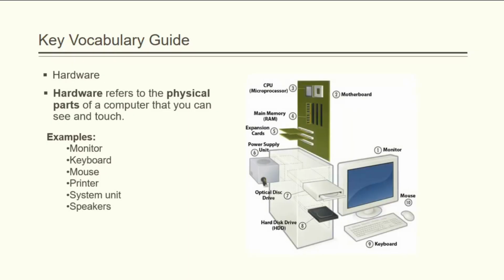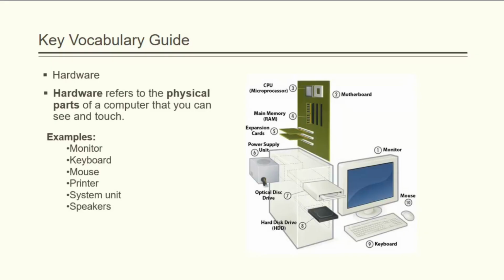This is a picture of how hardware of a computer looks like. So as you can see the monitor, the motherboard, which is inside the central processing unit, which houses a number of hardware components as well.